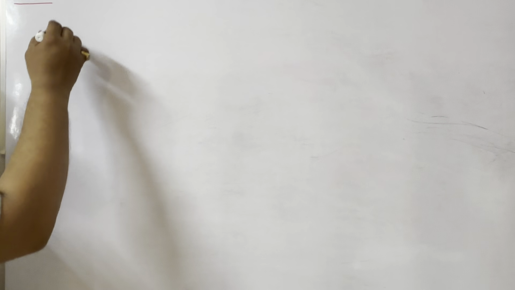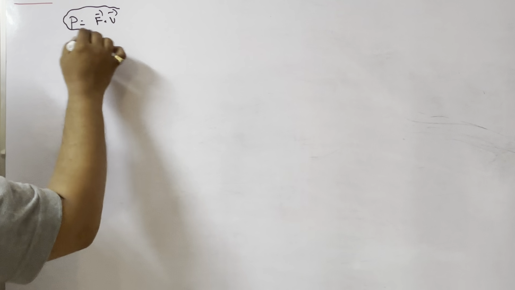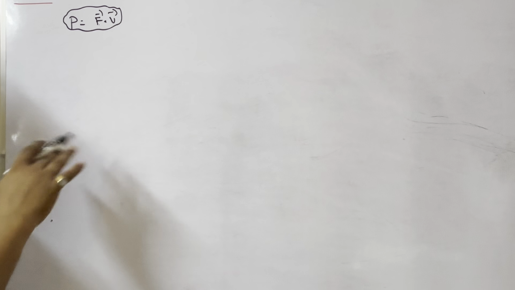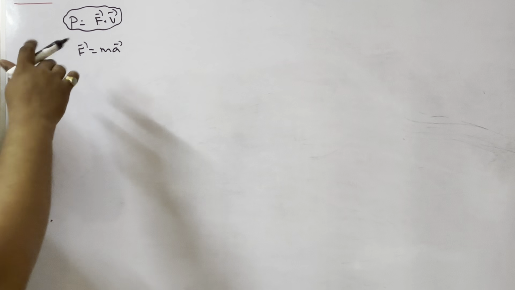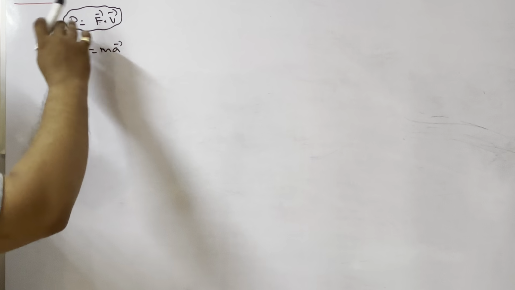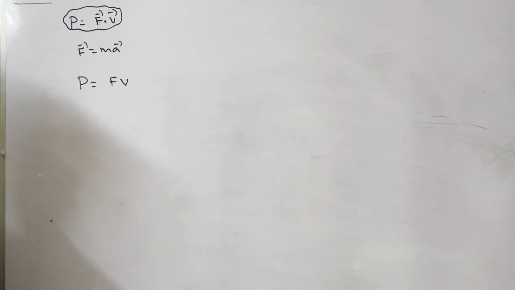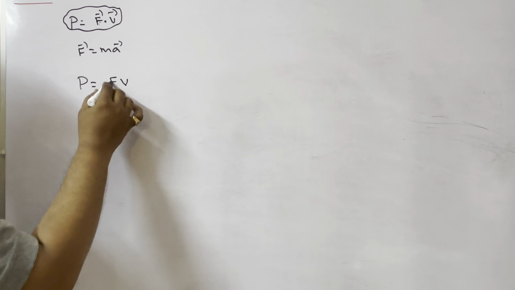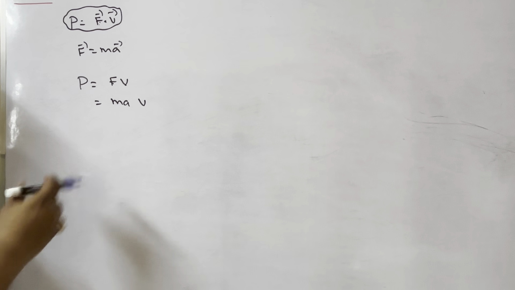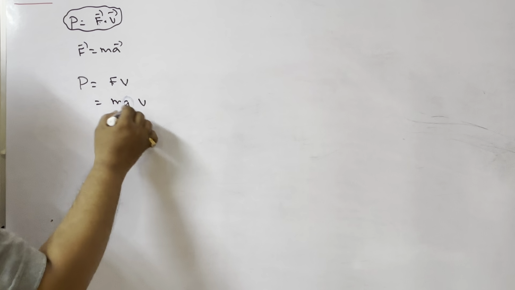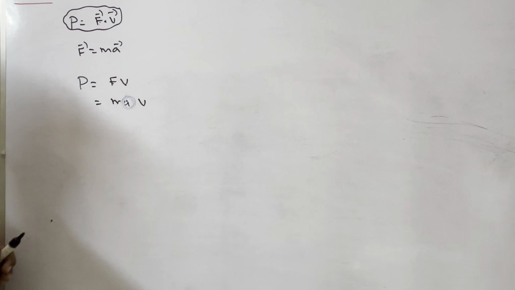Next, see this power equation, F bar dot V bar. This F bar is equal to m a bar. If you write the magnitude, with force and velocity in the same direction, power is equal to FV cos 0, which is 1. So in place of F, we will write m a V. Now, we came to know this acceleration: how much is acceleration here?